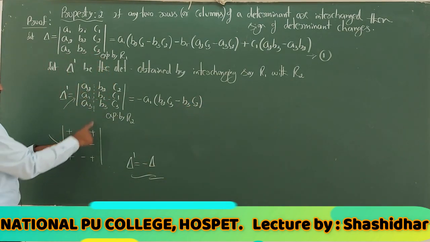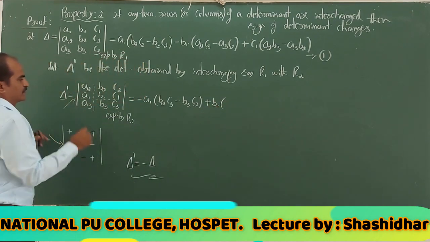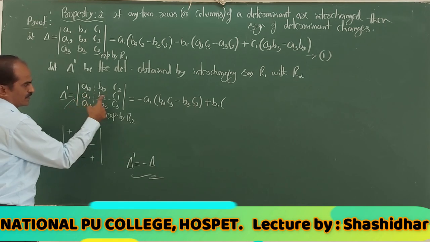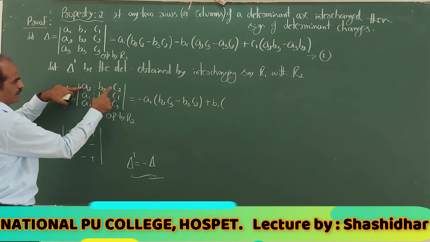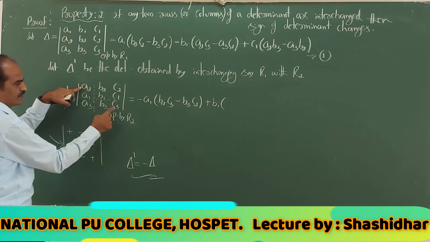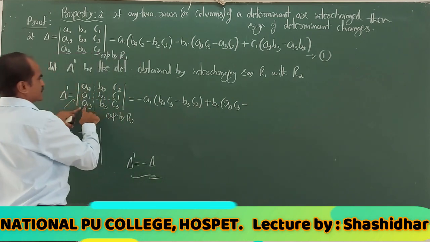Next, plus B1 into, leave second row, second column. On leaving second row, second column, A2, C2, A3, C3 left, principal diagonal elements, A2, C3 minus A3, C2.